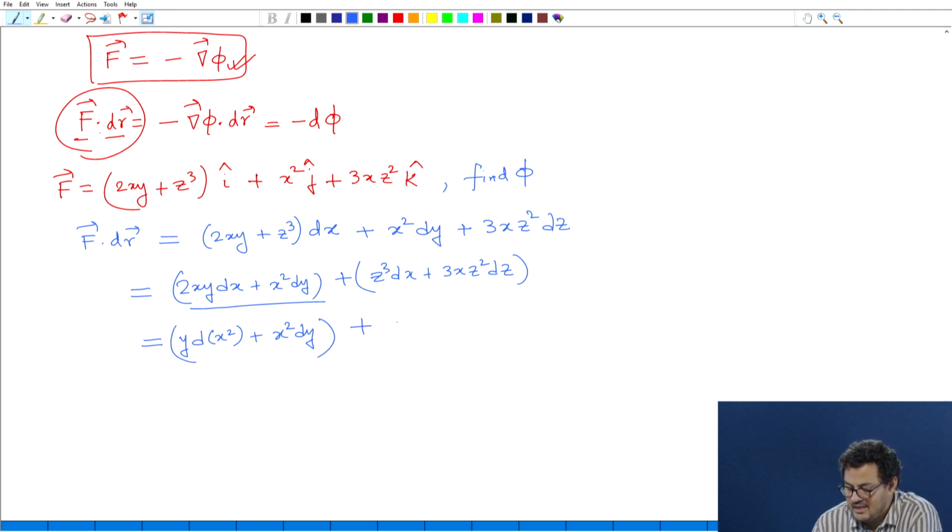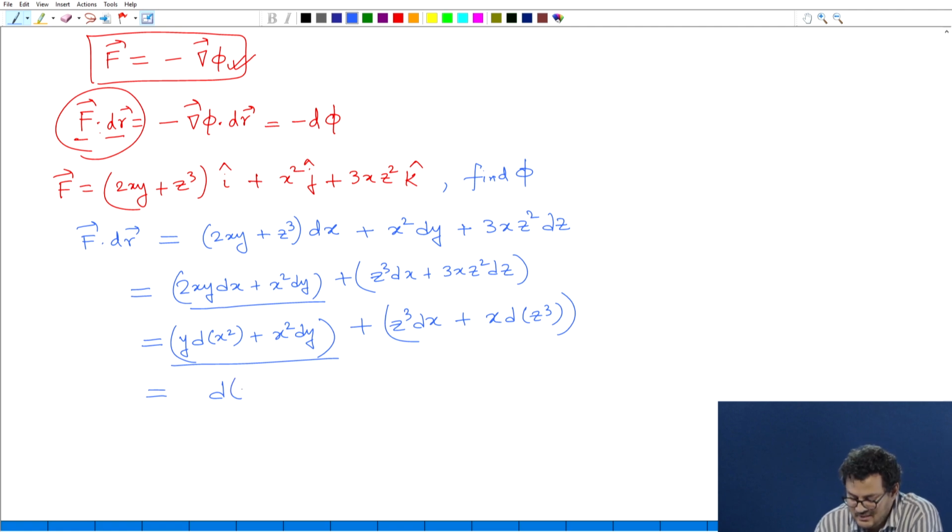Then I can also write z cube dx plus x times 3z square dz, which I can write as d of x z cube. Then I know the formula y dx plus x dy is d of x y.